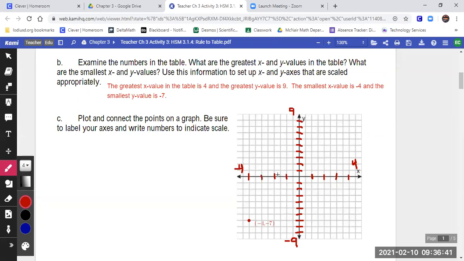So I go to my -3 and I go down 1, 2, 3, 4, 5. And I put my X right so it blends in. And I do my dot. And I go over and I get my coordinate marker. (-3, -5).